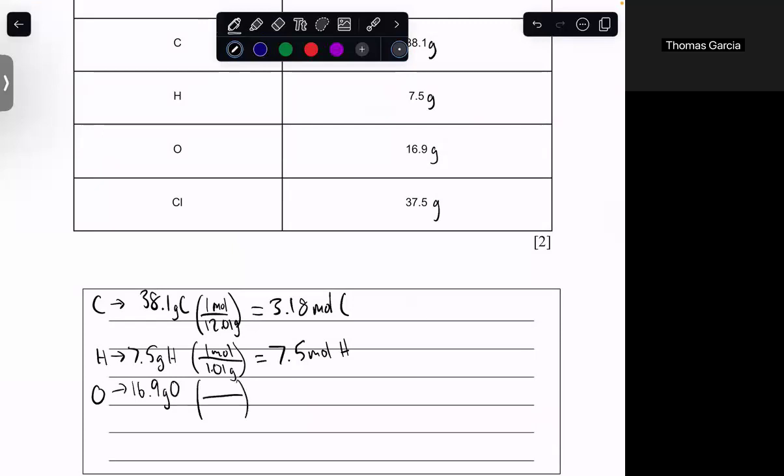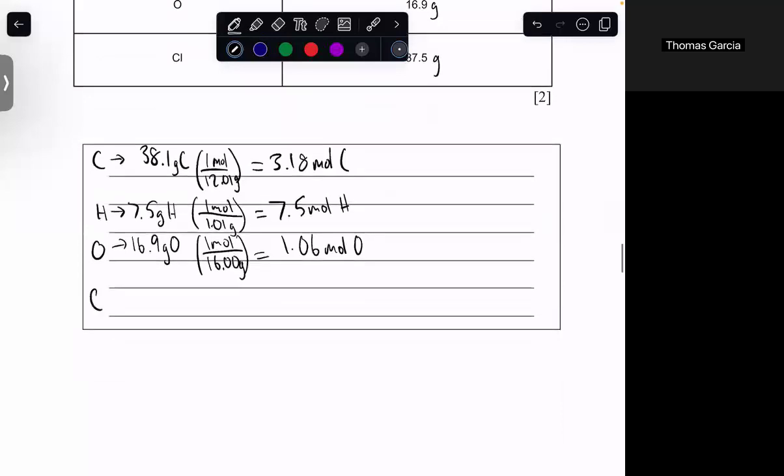In this case, we're not using diatomic, so let's say 1 mole is 16.00 grams, and we get 1.06 mole oxygen. Lastly, we have chlorine. Chlorine is 37.5 grams Cl. Do our conversion, 1 mole over 35.45 grams, and we also get 1.06 mole chlorine.